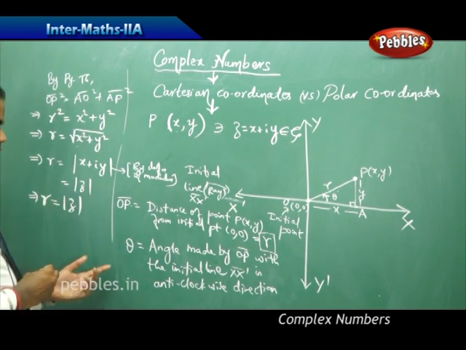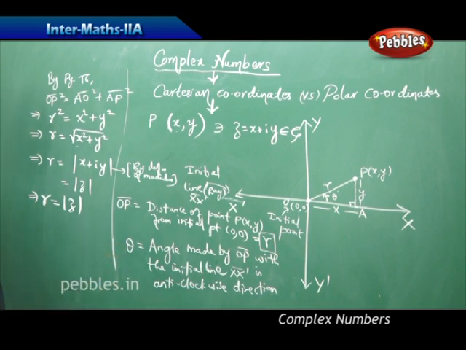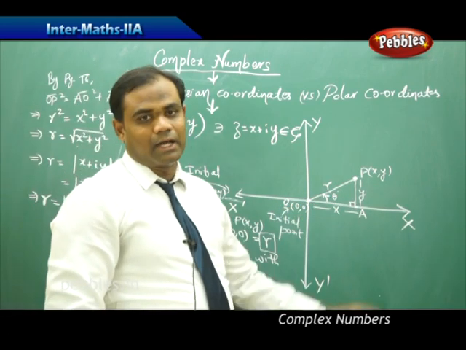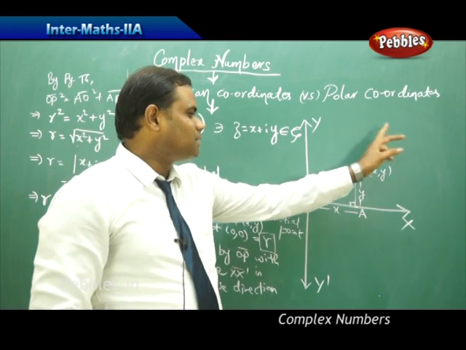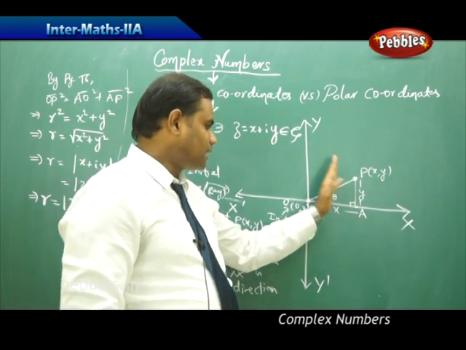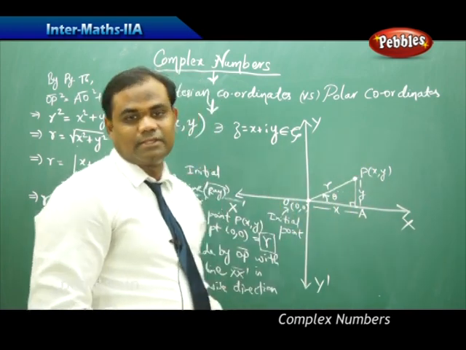Now for each theta there is an r, that is, for infinitely many points there are different angles of theta which we consider.